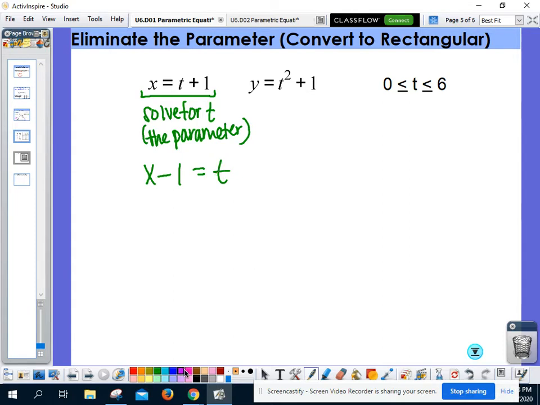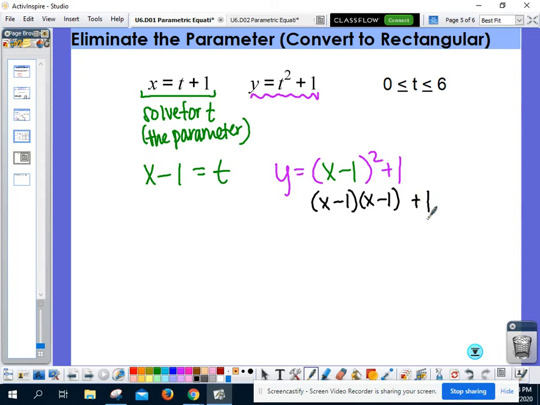So then I come over to the second equation, which is y equals t squared plus 1, and I'm going to substitute in that parameter value I just solved for. So y equals (x minus 1) squared plus 1. Then I'm going to multiply this out. This is really like two repeated binomials with an extra 1 at the end.